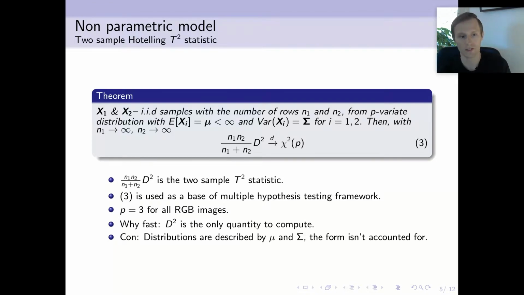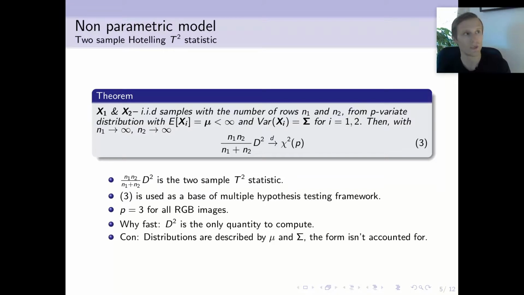If X1 and X2 come from the same p-variate distribution with a finite mean and finite covariances, then with n1 and n2 going to infinity, the rescaled Mahalanobis distance converges in distribution to a chi-squared random variable. This expression on the left-hand side is actually the two-sample T-squared statistic. And this result is used as a base of the multiple hypothesis testing framework.